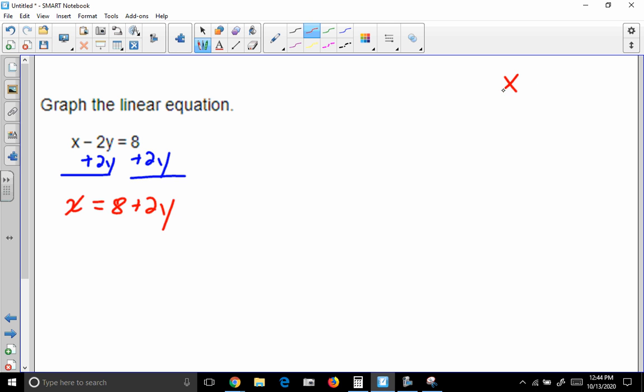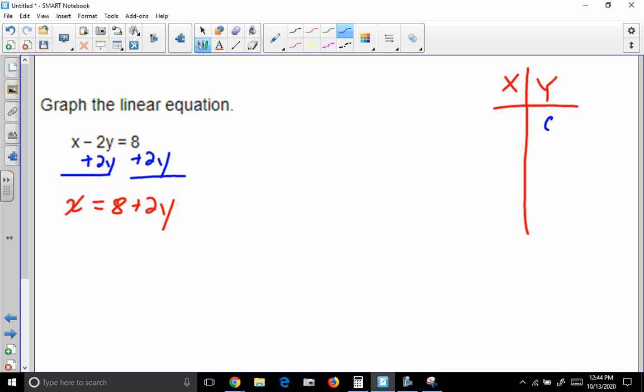So if we make a table so that we can get some points to graph, notice we have x by itself. So this time, instead of picking numbers for x, let's plug numbers in for y, and then our x will be whatever we get when we simplify the right side.